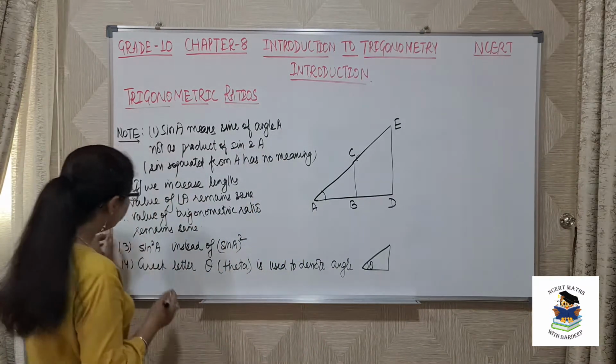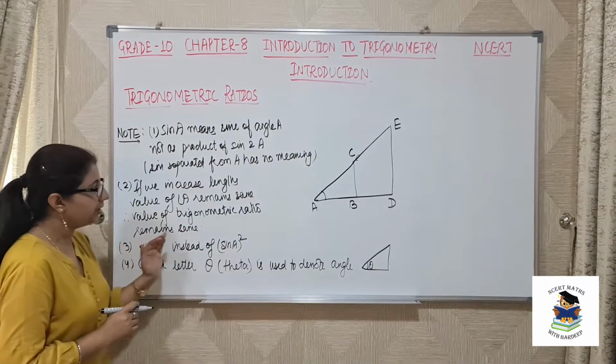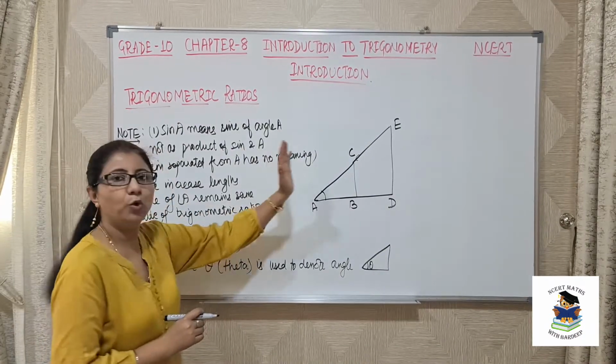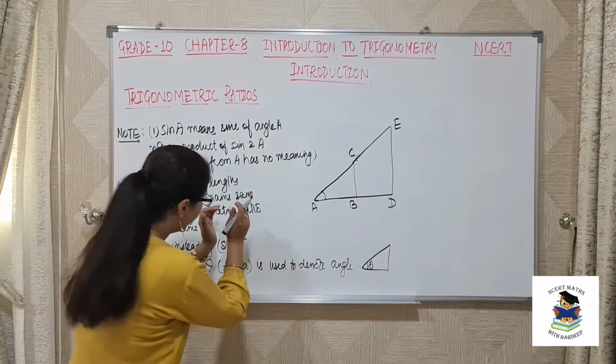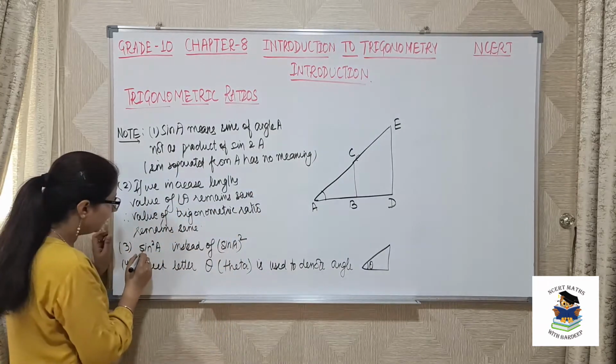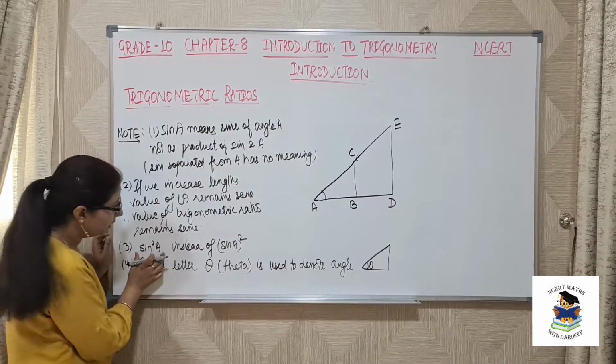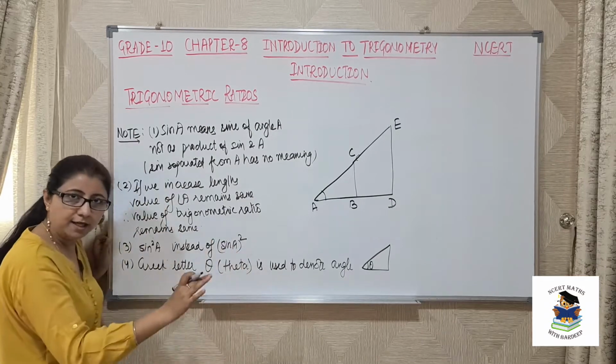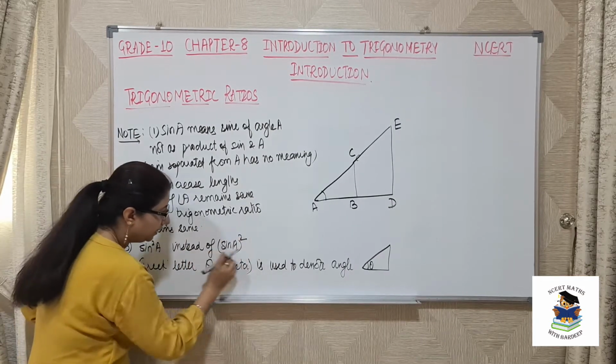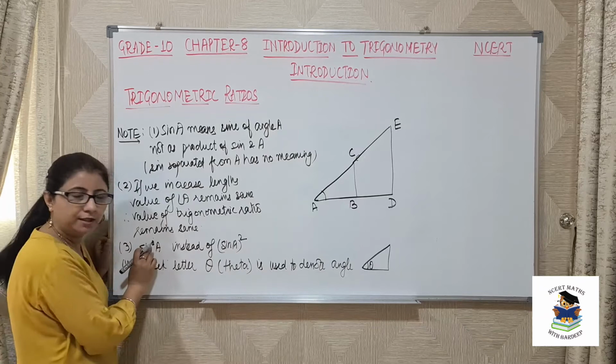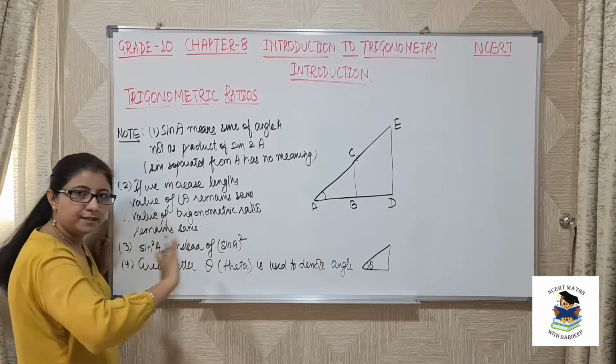Third thing is, sometimes there is confusion that sine A whole square, instead of writing like this, we always write like sine square A. So this and this are the same, but instead of writing this, we will write the square here. So angle A is separate.